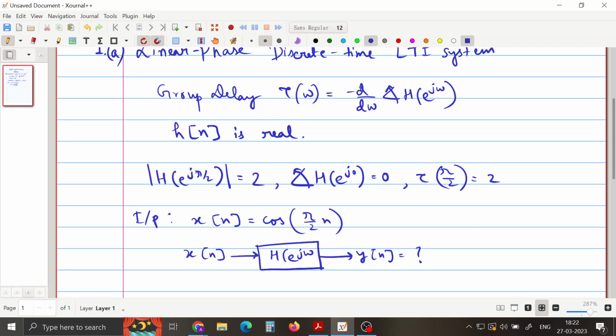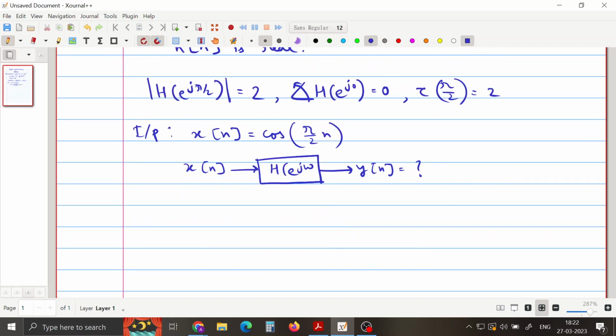So if you recall the notes while discussing the frequency response of LTI system, this output y of n, whenever we apply an input to an LTI system which is of the form a cos(omega naught n plus phi), it undergoes two things.